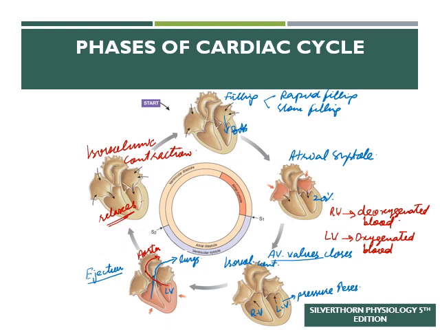Mitral and tricuspid valves that are present between the atria and ventricles are called atrioventricular valves, while the valves present between the left ventricle and aorta and the right ventricle and pulmonary arteries are called semilunar valves.